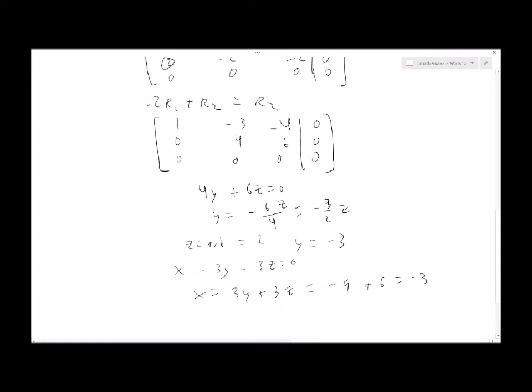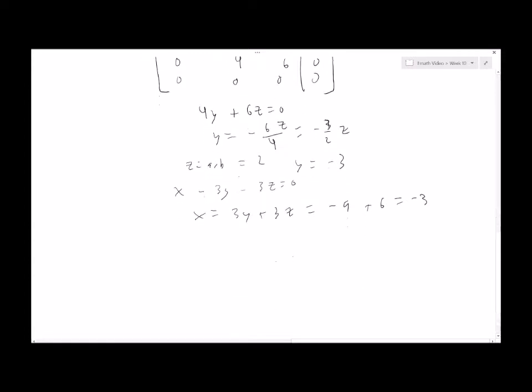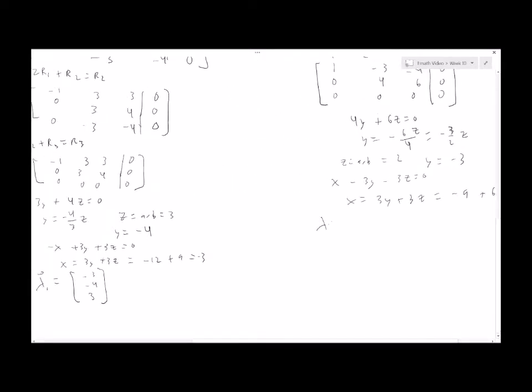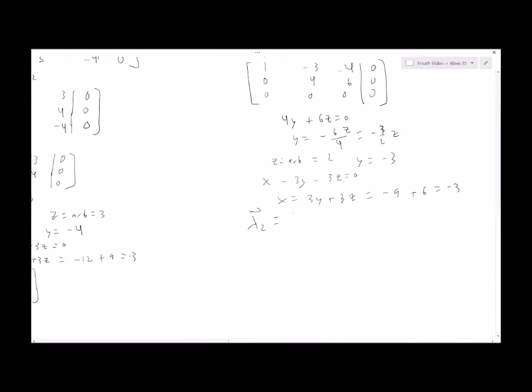So that would mean that our eigenvector 2 is going to be negative 3, negative 3, 2.